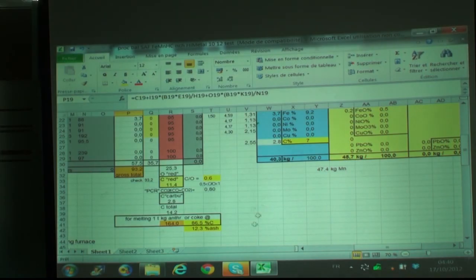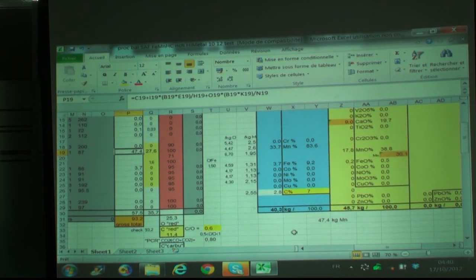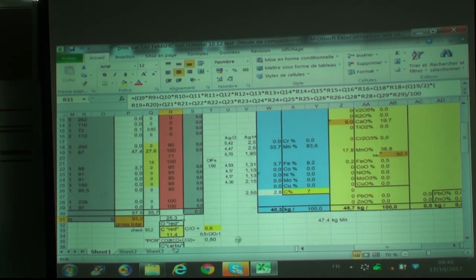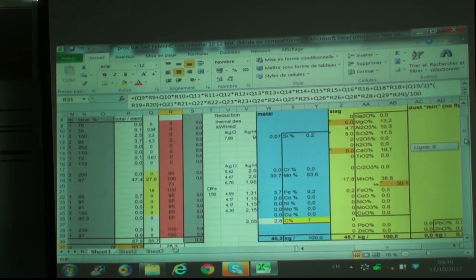Now, how do we calculate the carbon? The carbon calculation is done here, and it is rather simple. You see, the key value that we calculate is the oxygen reduced. That is, we calculate from this column, which is the total oxygen. This column is the total oxygen.